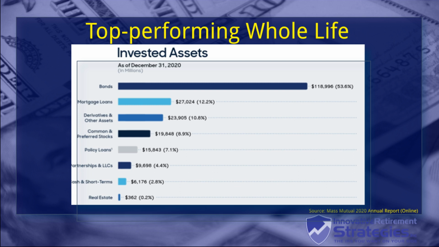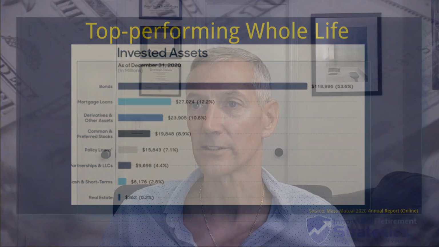You can see that bonds at the top represent about 53.5% of the total invested assets of MassMutual, followed by mortgage loans at about 12.2%, and then the remainder is spread across derivatives and other assets, common and preferred stocks, policy loans, partnerships and LLCs, cash and short-term notes, and real estate.